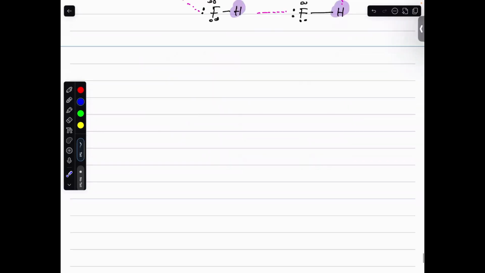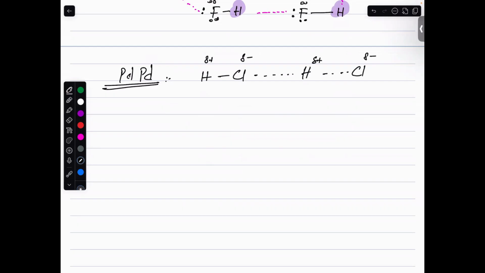Now, once you are discussing PD-PD interaction, do you know what PD-PD is? The permanent dipole of one molecule attracting the permanent dipole of another molecule. This is PD-PD interaction.